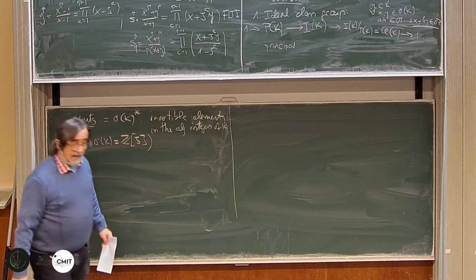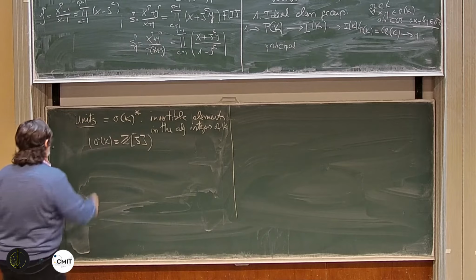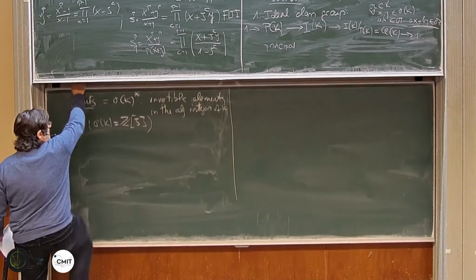So you take linear combinations over Z of the roots of unity and you get all the integers. That's a very special form of the integers.